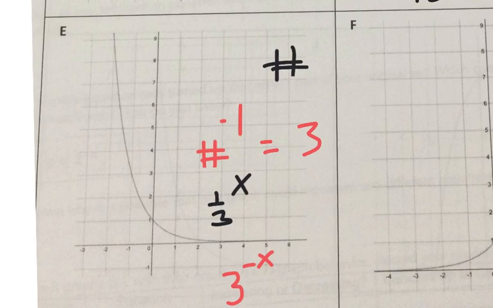If you think about it, if I plugged in a -1 here, if my x is -1, what is negative negative 1? Positive 1. 3 to the positive 1 is 3. So when I plugged in negative 1, I still got 3.